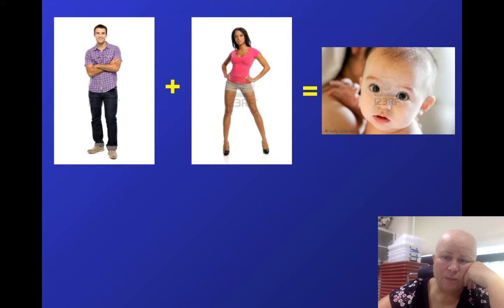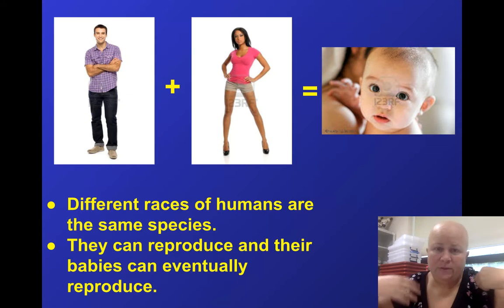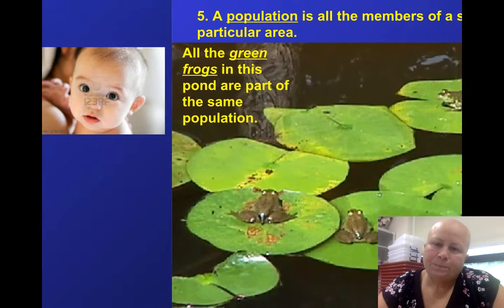Now, human beings of different races are still human beings. We're the same species. So no matter what the race of the male parent and the female parent, they can still produce offspring, and those offspring will eventually be able to reproduce and have children of their own. So human races are still all the same species, all human.